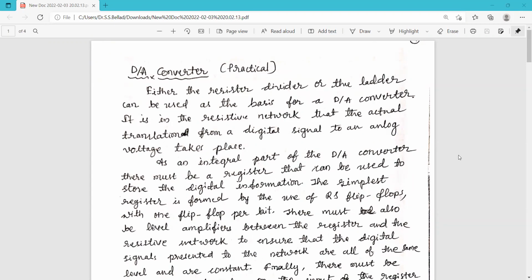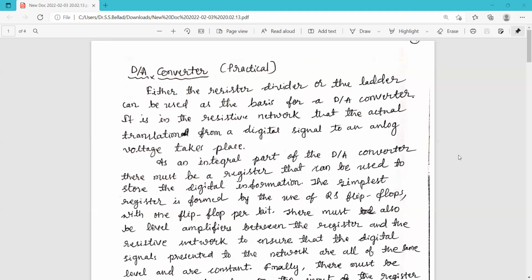So we have mainly discussed only the binary ladder network, but even though the digital to analog conversion takes place in the binary ladder network, it is not enough just having the binary ladder network to convert the digital signal into analog signal.